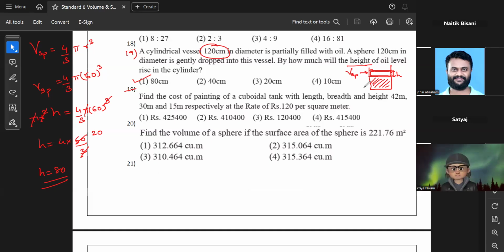Sir, so when we put this sphere into the oil, the h height which the cylinder has, that much volume is occupied by the sphere, and the rest was the previous volume only, right? Yes, correct. The volume of height h is equal to the volume occupied by the sphere. Because of dropping the sphere, it rose extra. That means the volume of the sphere is exactly how much it rose. Understood.